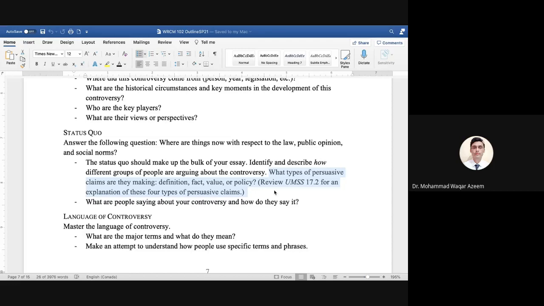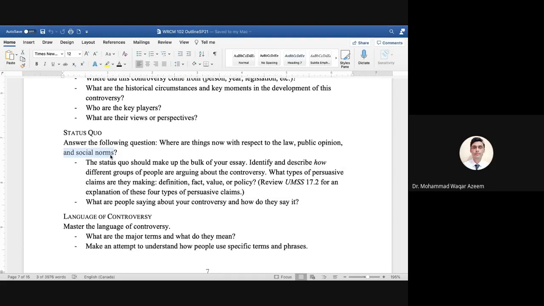You can see if that controversy still exists in the legal circles, or in the public opinion, or in our society, in our social norms. Okay.